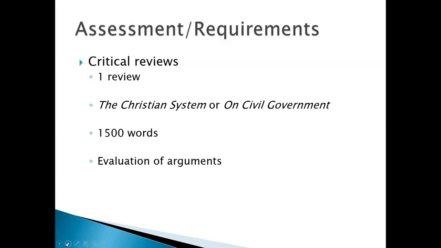It's that analysis, that evaluation, that is going to be a key part to succeeding with this essay. It's not just a matter of providing a summary of what Lipscomb says, but that evaluation or analysis that's really important as well. As I said, that will be due toward the end of the semester.